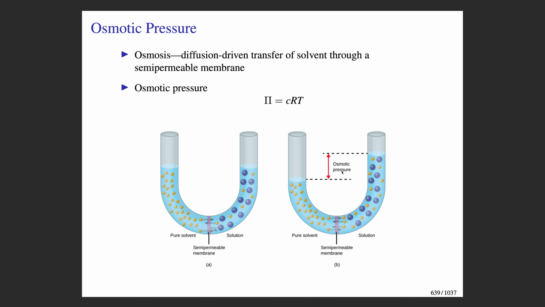Once those two things come into balance, the height of the liquid on this side above that side is proportional to what we call the osmotic pressure, which can be calculated by taking the concentration of the solution and multiplying by R times T. This symbol here is an uppercase pi.